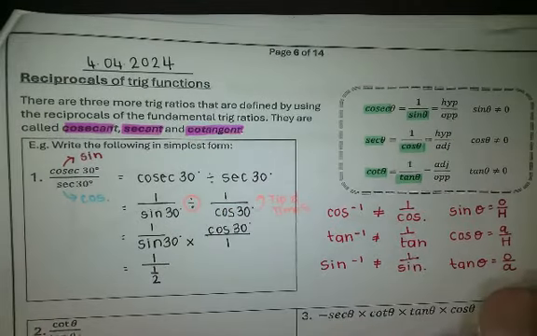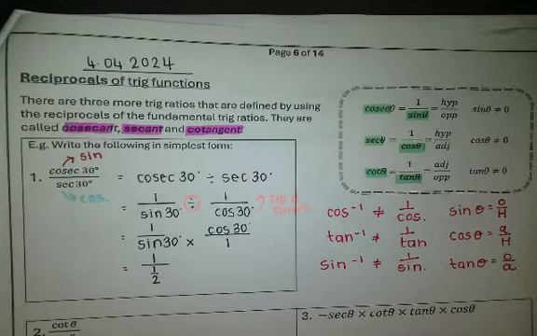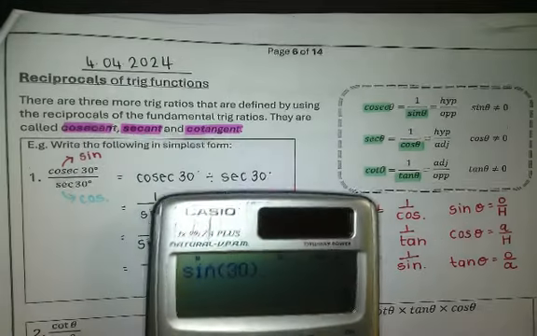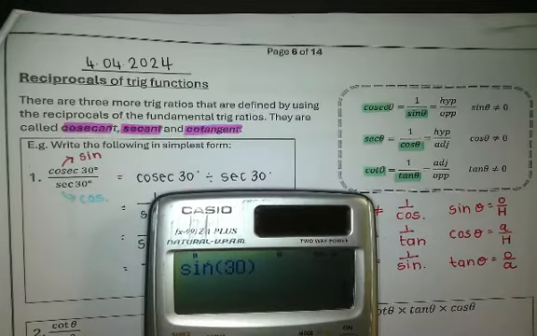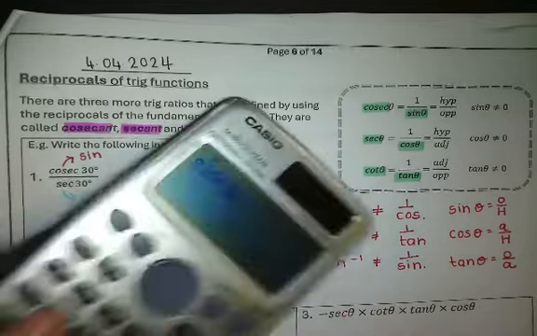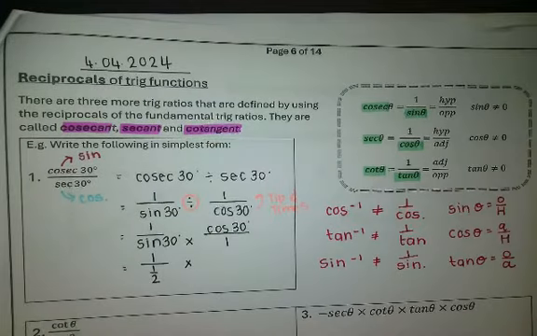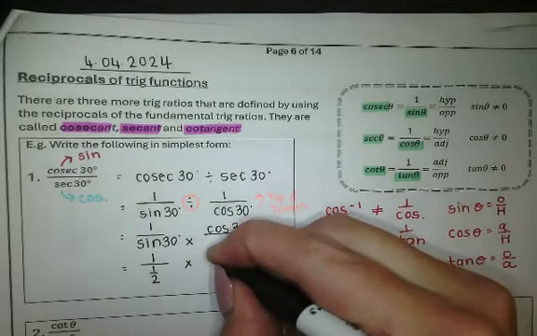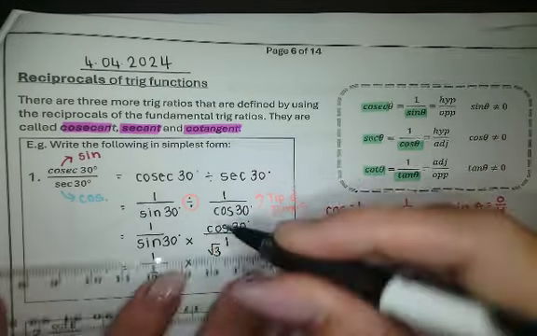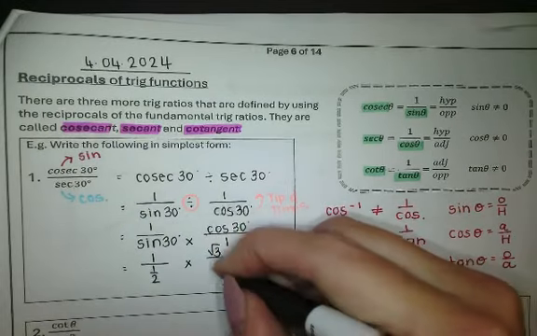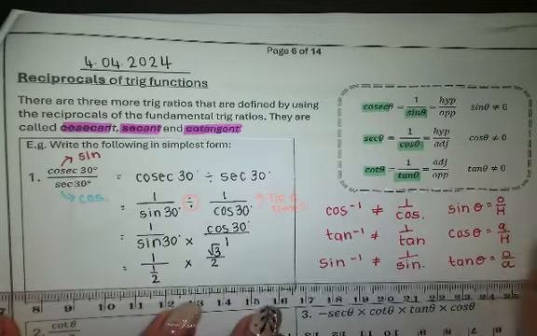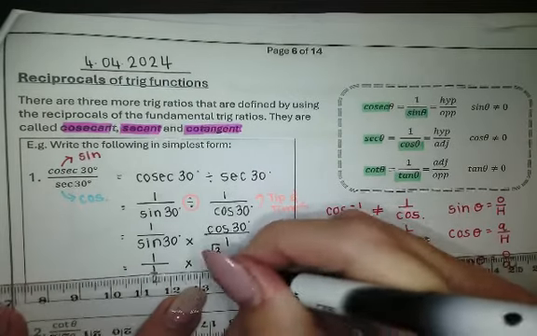Yes, you can write 0.5. I'll put sin 30 into my calculator. Then I say times cos 30, which is root 3 over 2 over 1. But we don't even have to put that over 1.